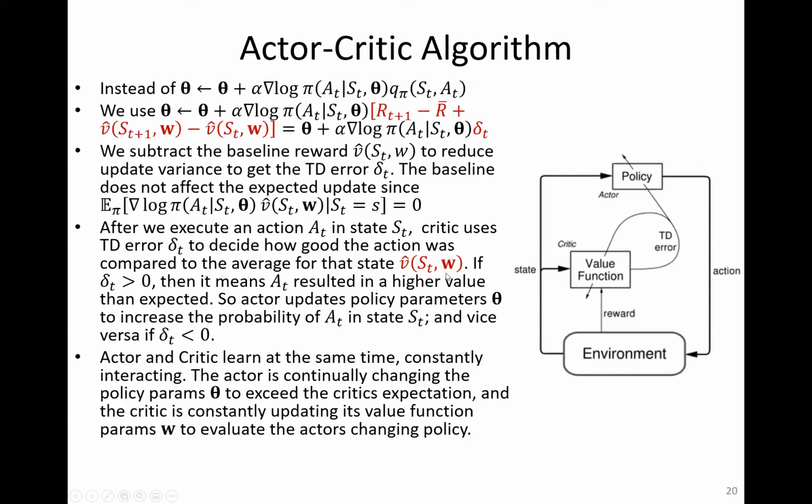If it's better than average, delta_t is higher than 0, then the actor updates the policy parameters to increase the probability of A_t in state S_t, and vice versa.